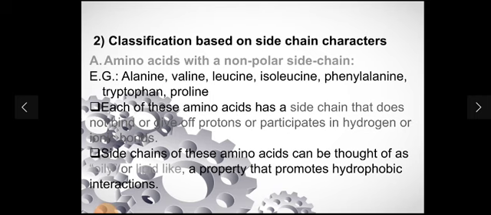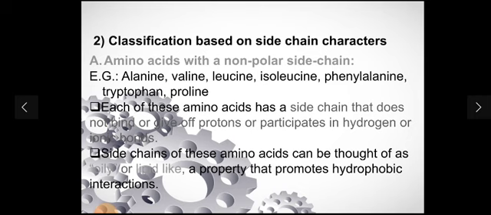So the first group of amino acids here, we are going to look at amino acids with non-polar side chains. In other words, the side chains are not polar at all. Examples are alanine, valine, leucine, isoleucine, phenylalanine, tryptophan, proline, and all these.